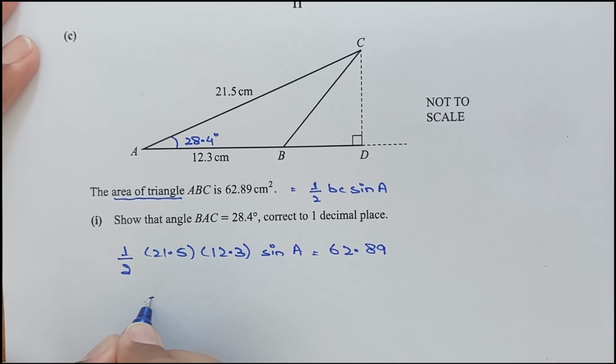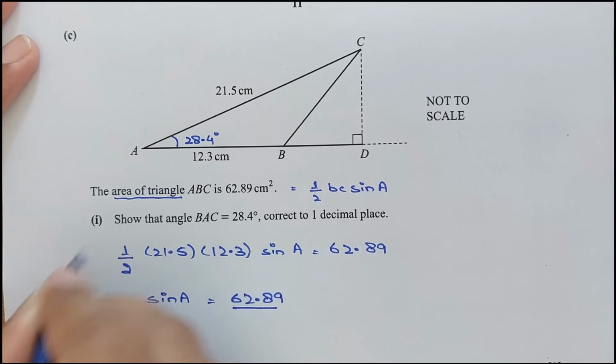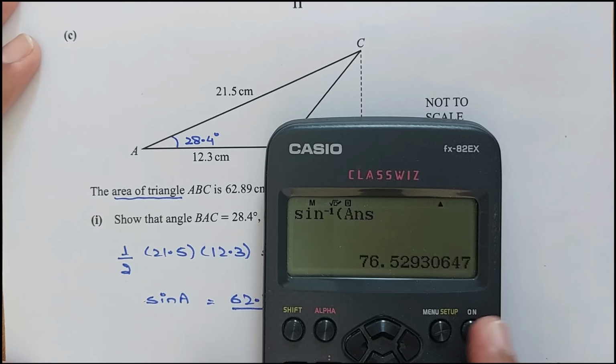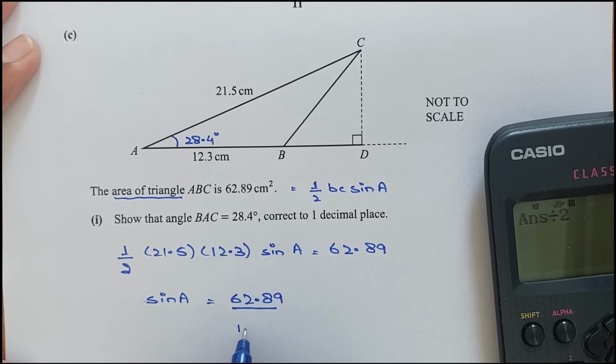All right, so let me calculate what sine of angle A is. This equals 62.89 divided by this whole thing. Let me simplify this whole thing first. 12.3 times 21.5 divided by 2. This is 132.225.